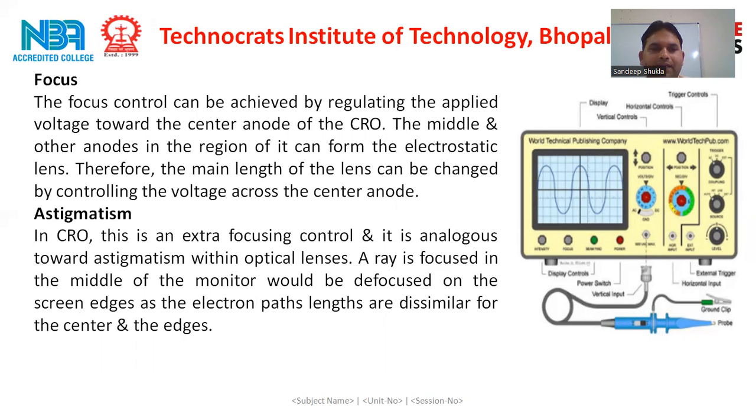The next part of controlling is the astigmatism. In a CRO, this is an extra focusing control and it is analogous to astigmatism in optical lenses. A ray focused in the middle of the monitor would be defocused on the screen edges, as the electron path lengths are dissimilar for the center and the edges.